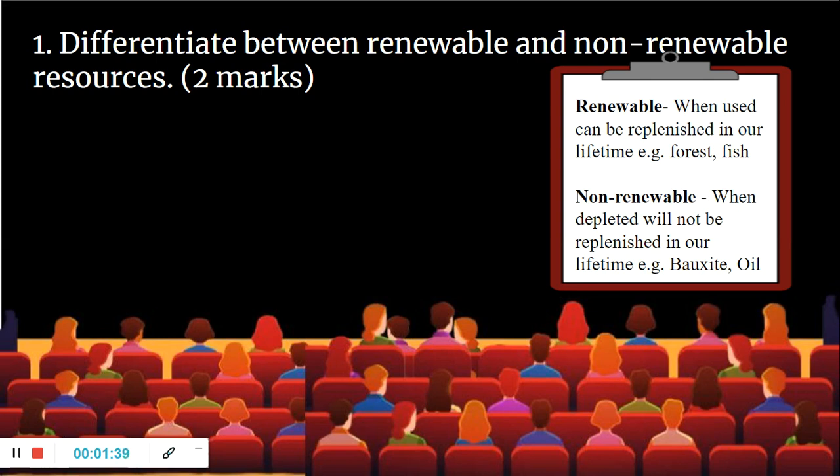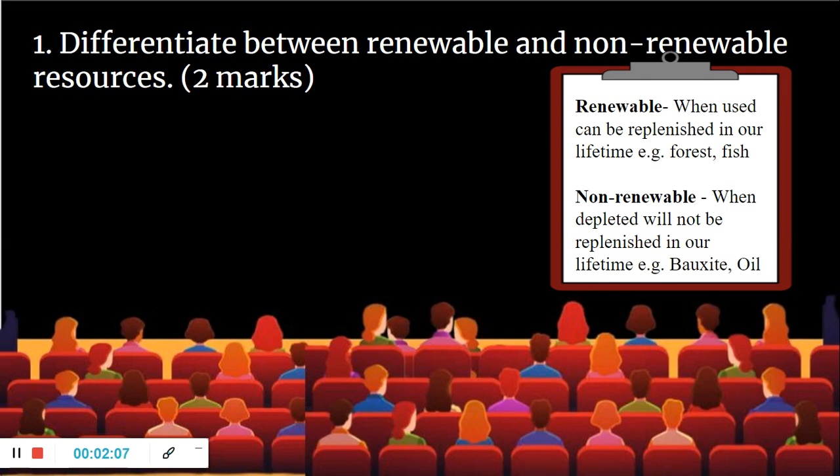Fish, again, because fish is a type of animal, and just like an animal, the fish is able to reproduce. So the fact that it is able to reproduce, it is being replenished. Non-renewable resources are those resources that when they are depleted, they will not be replenished by nature within our lifetime.